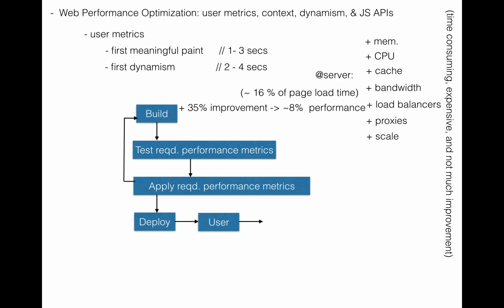After deploying and after the user uses the application, we need to test these sites from the client-side perspective, or the front-end perspective. So we test the required performance metrics again, and then based on certain decisions, apply them for these different devices and networking options.